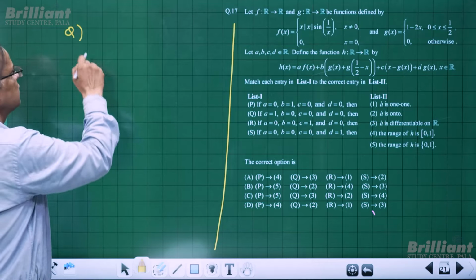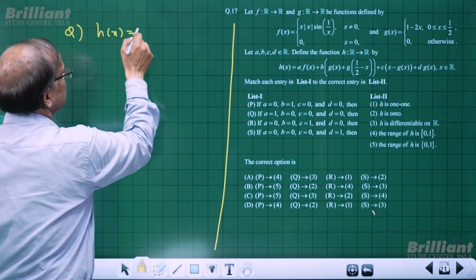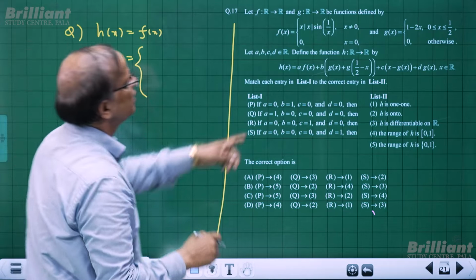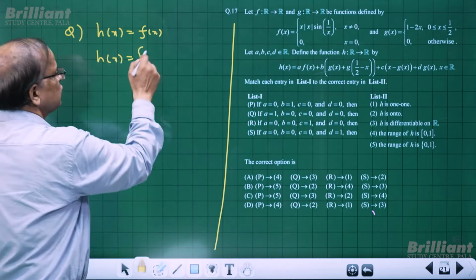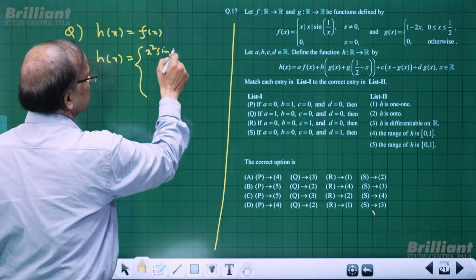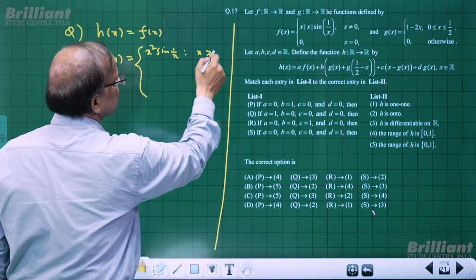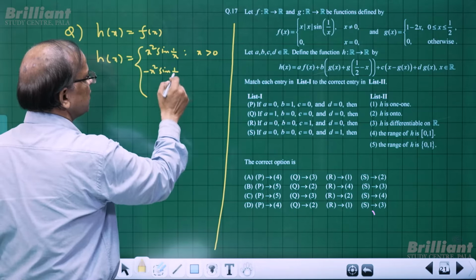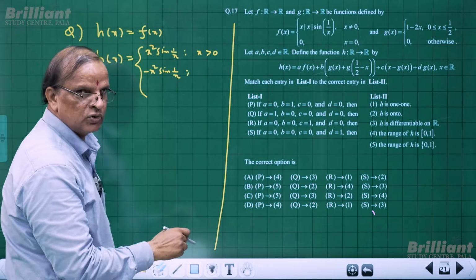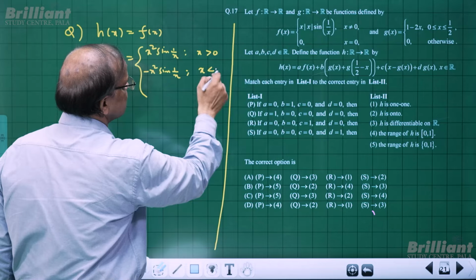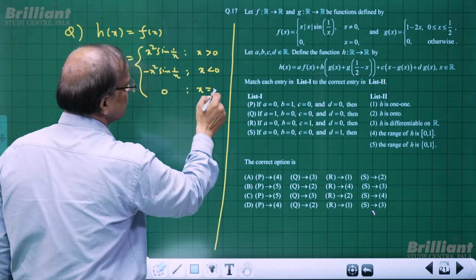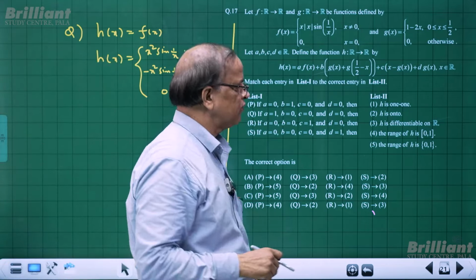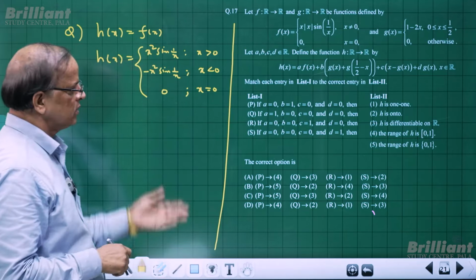So, Hx is equal to Fx. What is Fx? Fx is x square sin 1 by x for x greater than 0, and minus x square sin 1 by x for x less than 0, and 0 when x is 0. Now we have to find the differentiability, checking at x equals 0 because of the interval given.